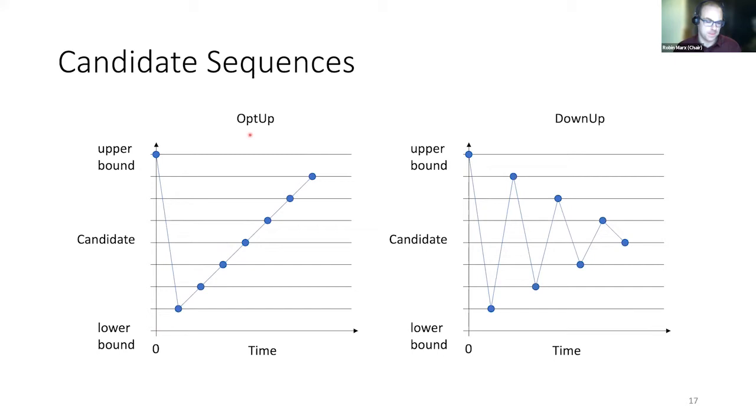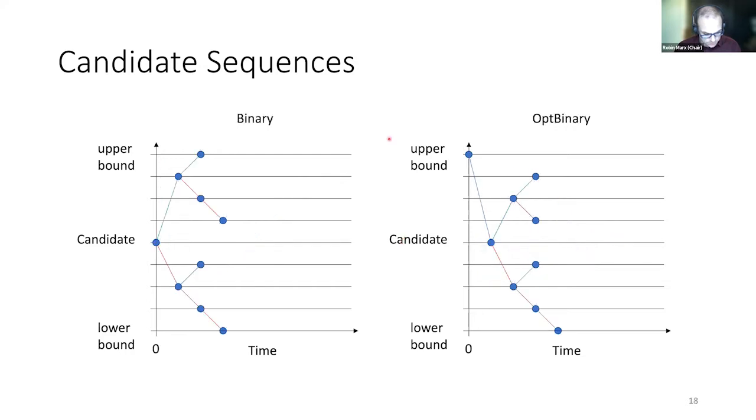Then we consider an optimistic upward sequence that selects the largest candidate first and then continues as the upward sequence. And we consider a down-upward sequence that switches between these two sequences. It starts as a downward sequence, switches to the upward sequence, switches back to the downward sequence, and so on.